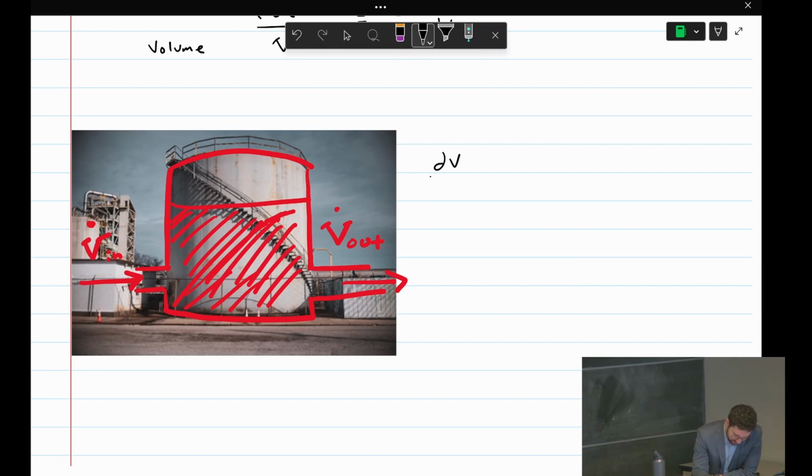So dV by dt is V dot in minus V dot out. If that's positive, it's filling, and if it's negative, it's draining.